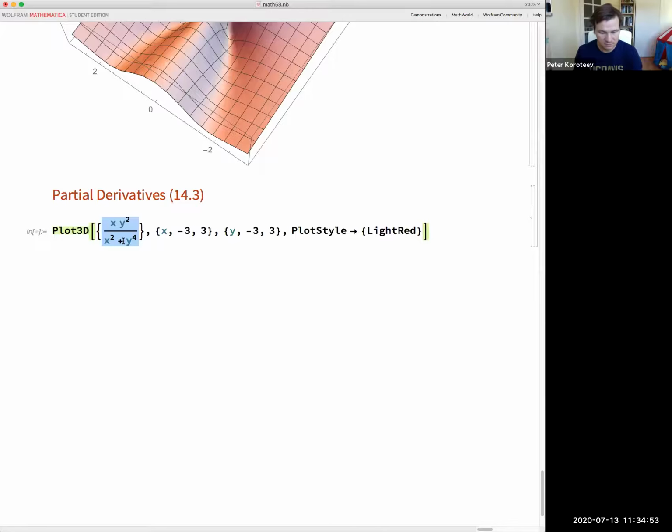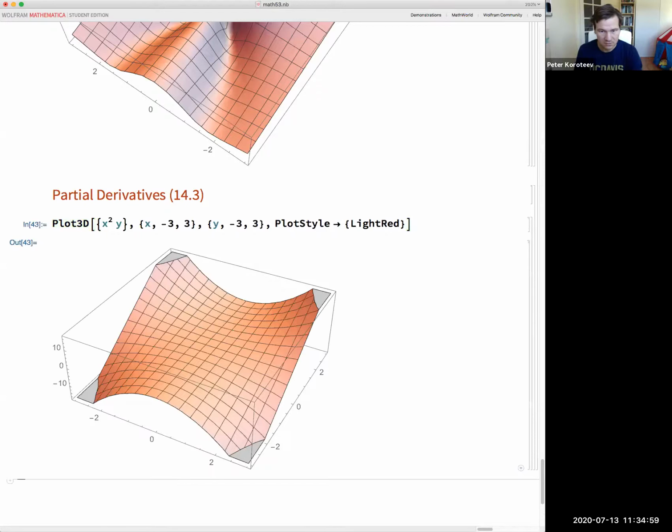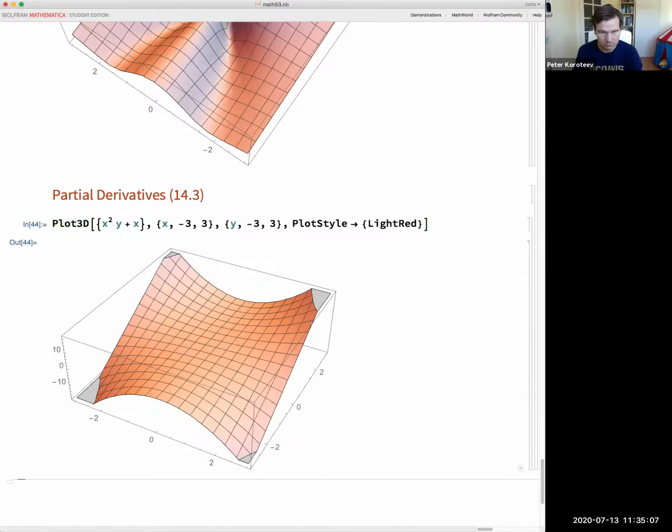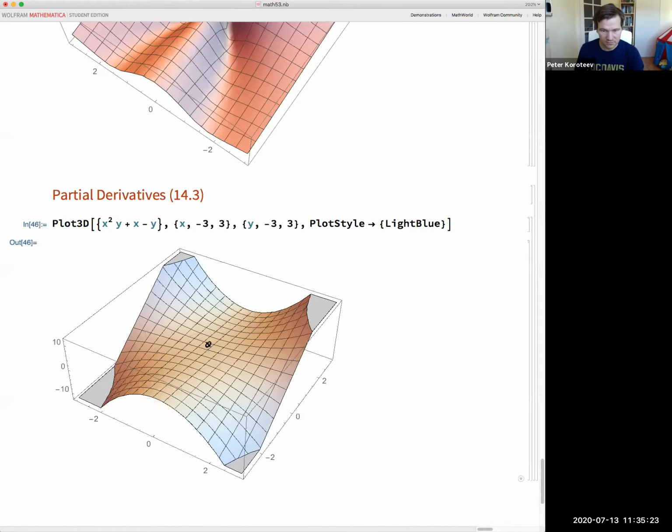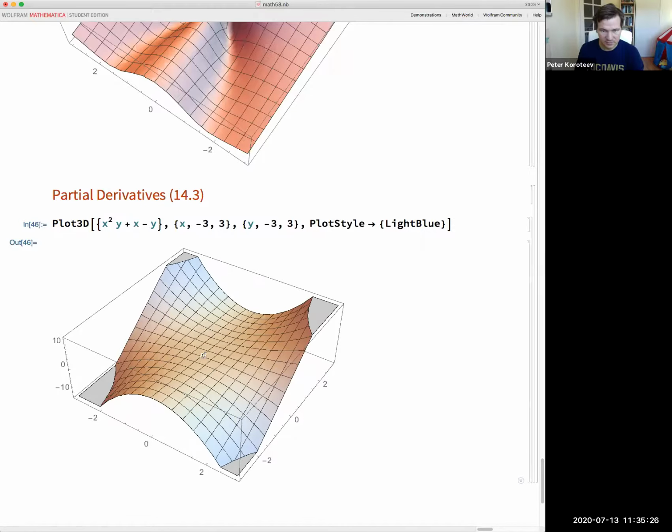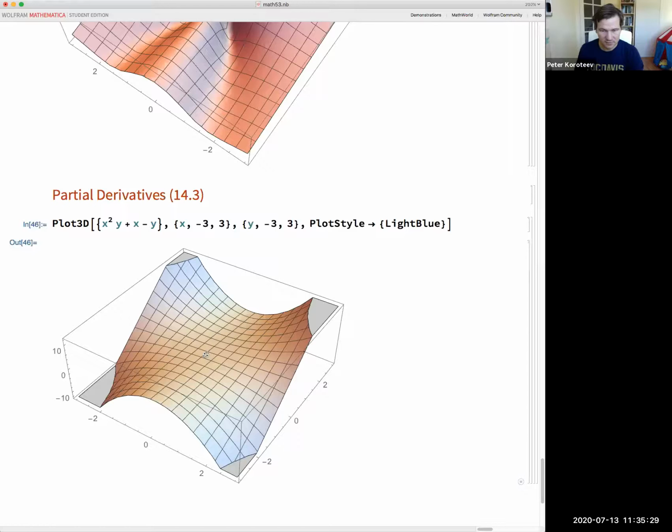Take maybe, you know, a plot like this, something that is not particularly smooth.